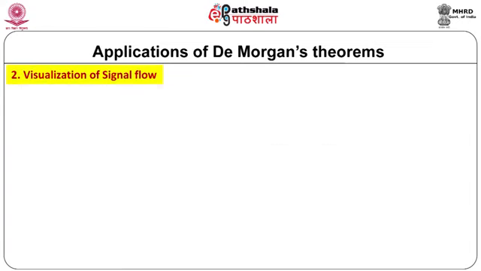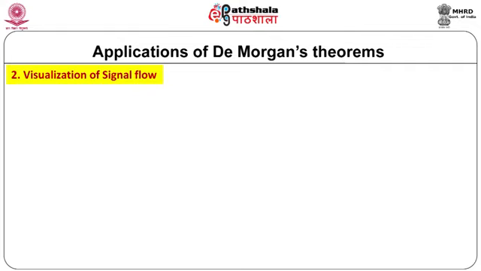Let us now study the second application of De Morgan's theorem. For visualization of signal flow, one can really use De Morgan's theorem. In this case, let us connect the logic gates such that the gate with bubbled output is connected to the bubbled input gate.